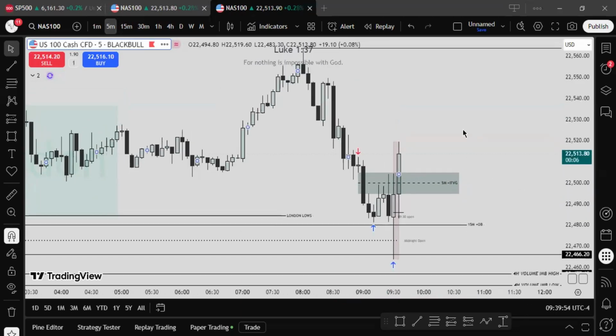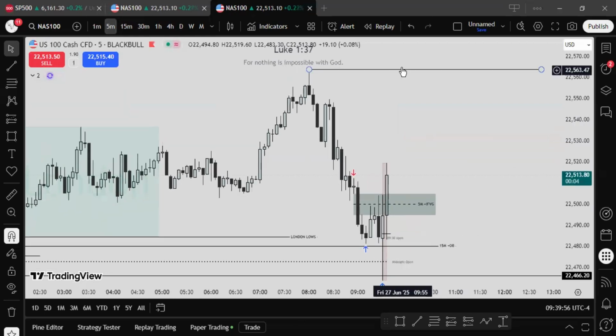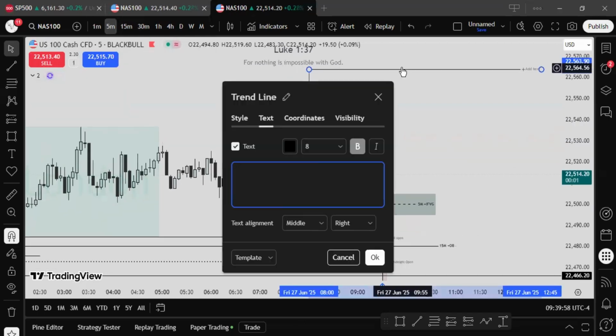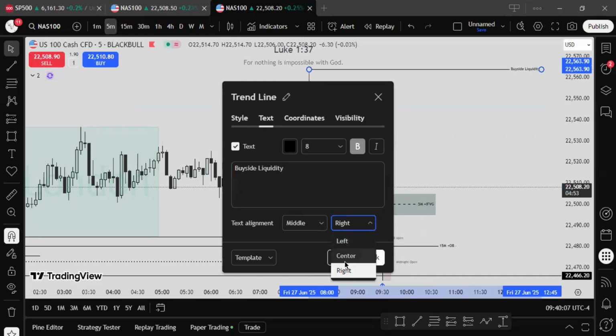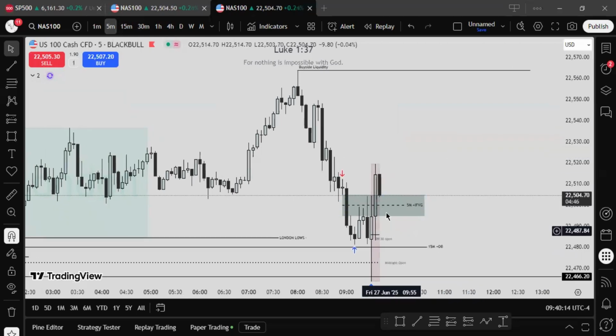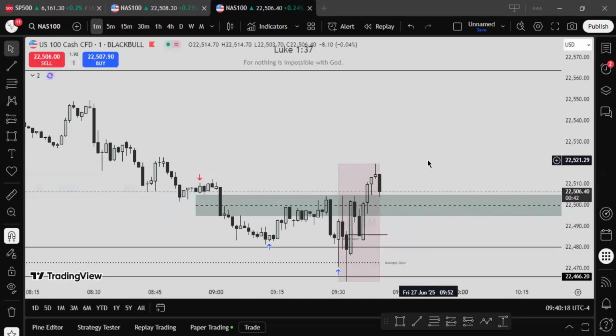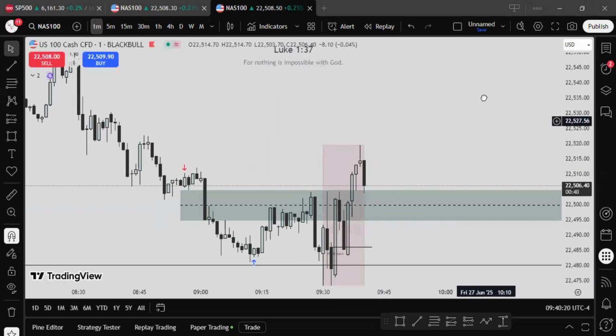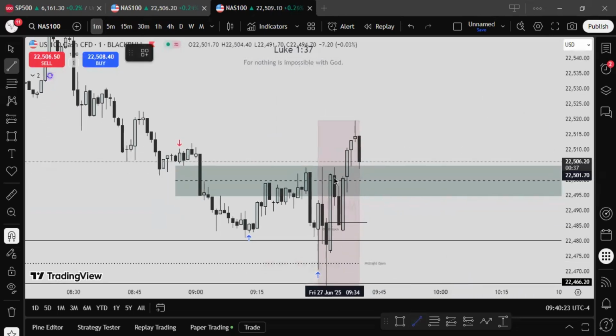I can expect to look for buys from here and then target this. So we just traded back into it. I wanna see if I can get a trade into this at least.